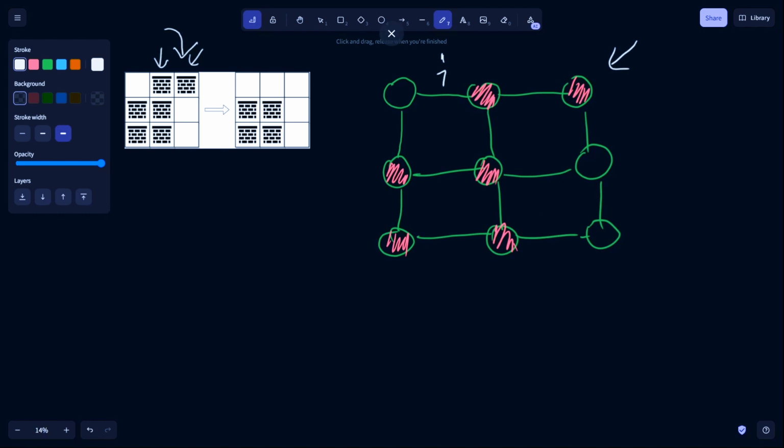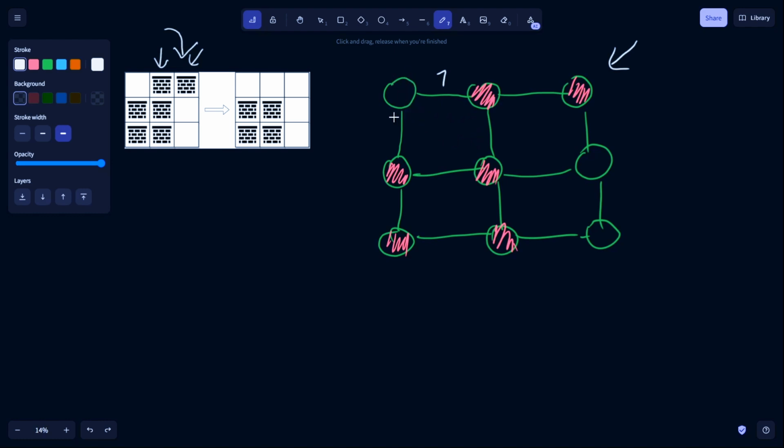But the meaning is that if we follow this edge, this is a cost of 1. What do we mean by cost? Cost is the number of obstacles we remove. So basically, if we move by following this edge, we have to remove 1 obstacle because we're running into a cell where there is an obstacle.